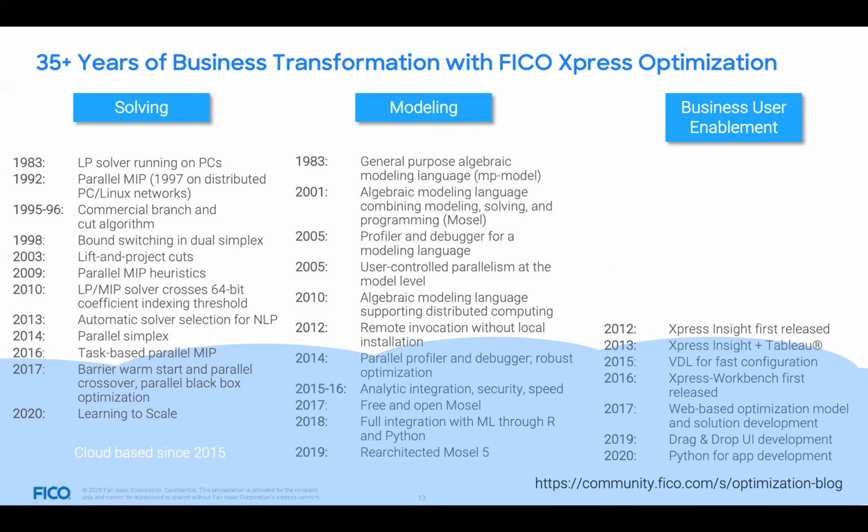We experimented with parallel and even distributed MIP. Yeah, so there was a distributed Express available in the early 90s. And then to me, still the major breakthrough was to actually make general purpose cutting planes viable in a general mixed integer programming solver.